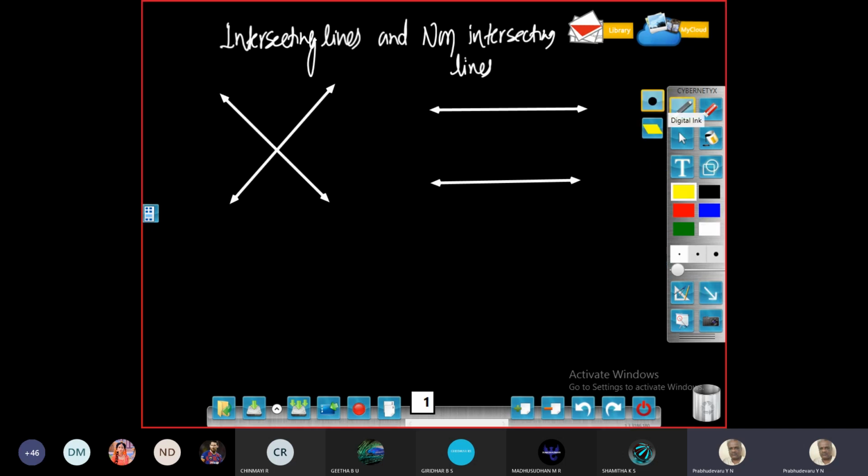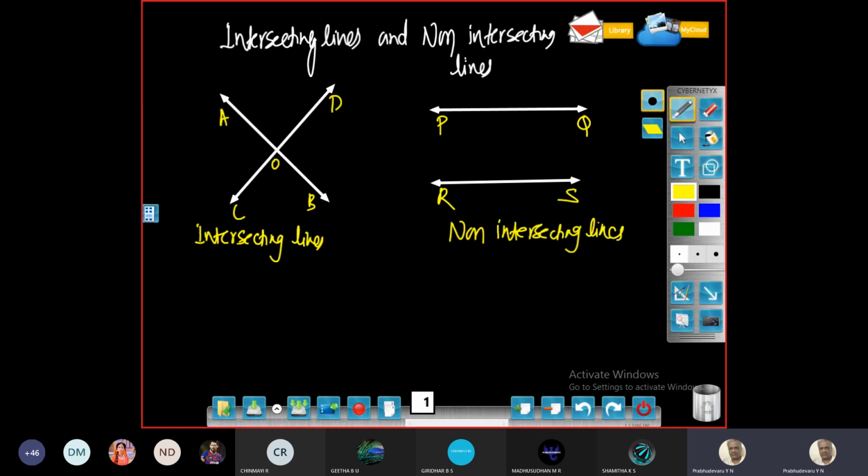Now look at this, AB and CD, they are intersecting at O. Instead of AB, let us take some other names, PQ and RS. They are non-intersecting lines. So these two are called intersecting lines, and these two are called non-intersecting lines, also parallel.